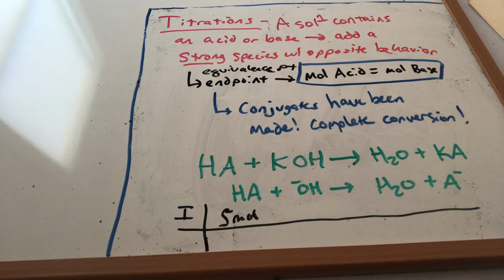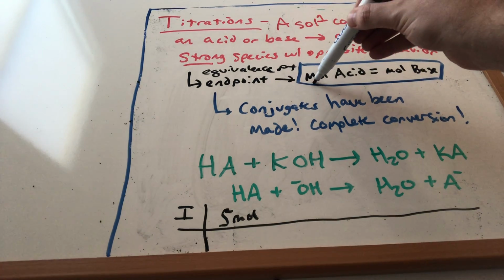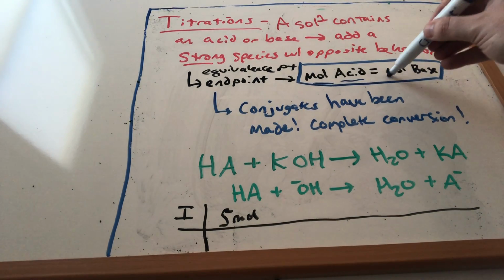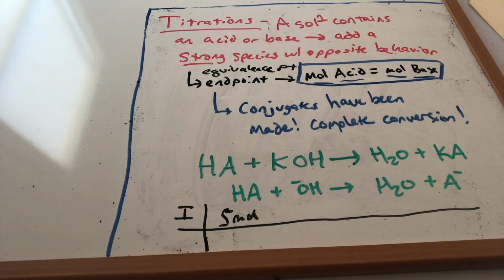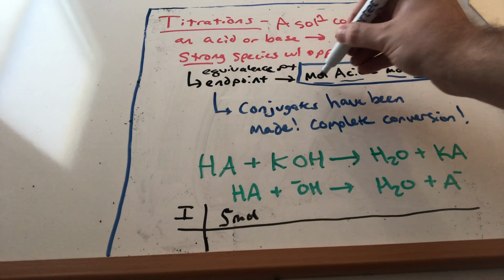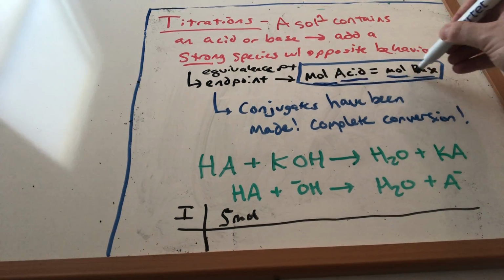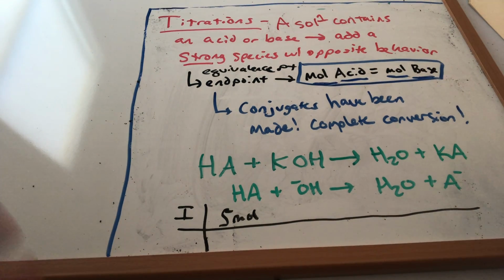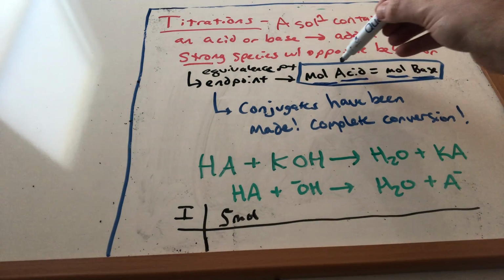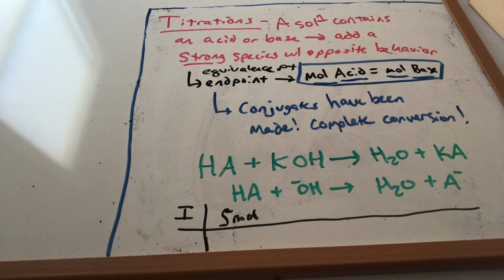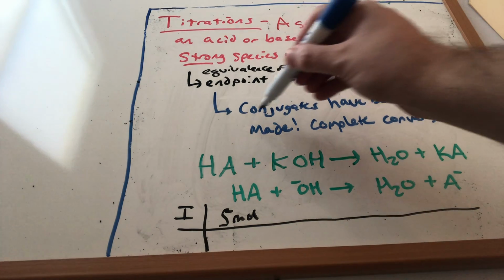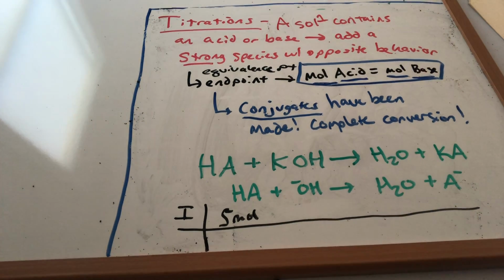What's really important for us is that when you have a starting acid and you do a reaction with a strong species, this strong species reaction is a full reaction. And so what ends up happening is if you get rid of all your starting acid, for instance, what you've created is the conjugates.